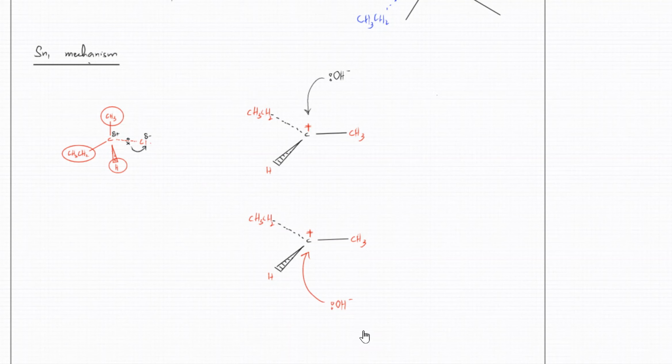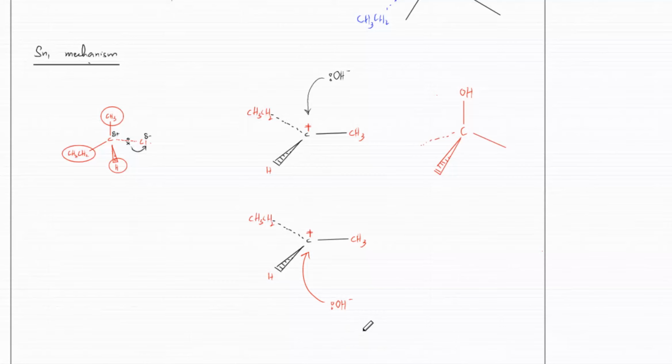So if it joins from the top, what would it look like? You'll have a carbon atom. The OH will bond from the top. So that's where the OH is bonding from. And all the other bonds are going to be pushed downwards. So the H would get pushed downwards, the CH3 will get pushed downwards.